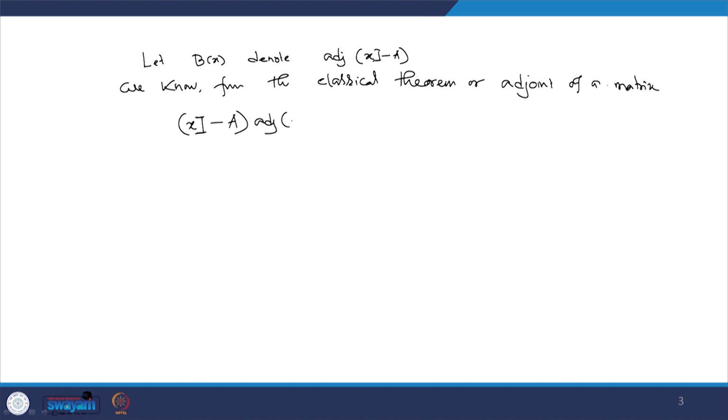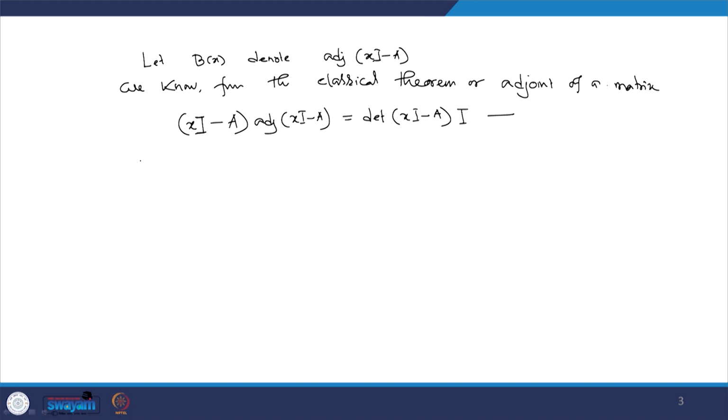adjoint of xI minus A will be equal to the determinant of xI minus A into the identity matrix. This is the classical result we know.